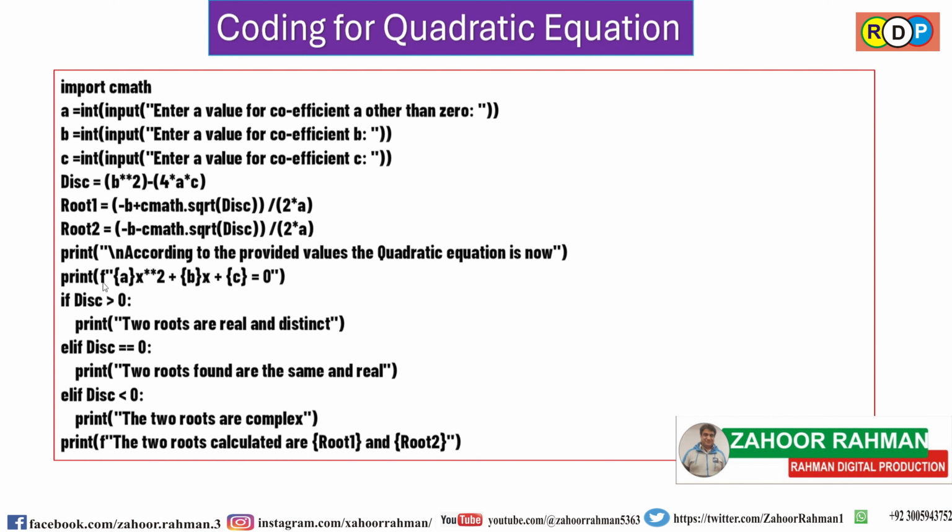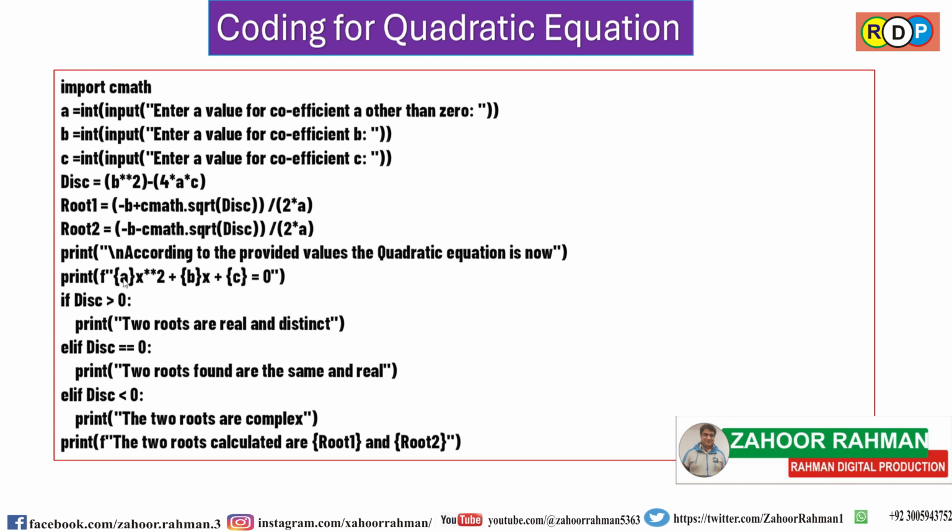You have to write f here, and then in the double quotation, if you are enclosing anything inside the braces, the compiler will consider it as a variable a, b, c, and x square will be printed as it is because it is not enclosed in braces. b means the value provided by the user, a means the value provided by the user, and c means the value provided by the user, and is equal to 0 will be printed as it is.